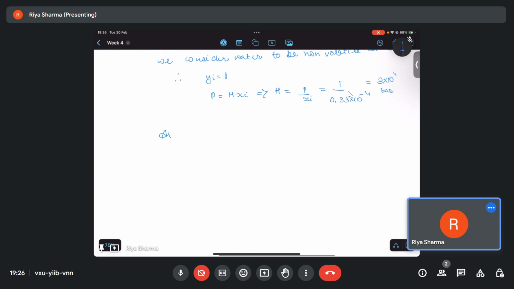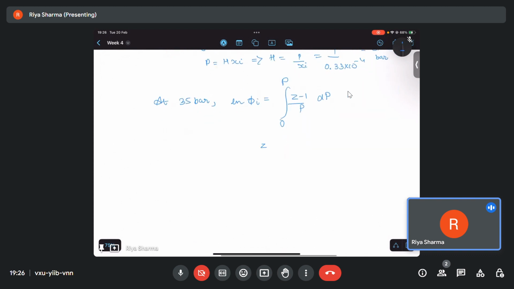So at 35 bar, ln of phi i is equal to the integral from 0 to P of (Z minus 1) by P dP. And we have been given Z equal to 1.763 into 10 raised to power minus 3 P minus 7.22 into 10 raised to power 5 P square.